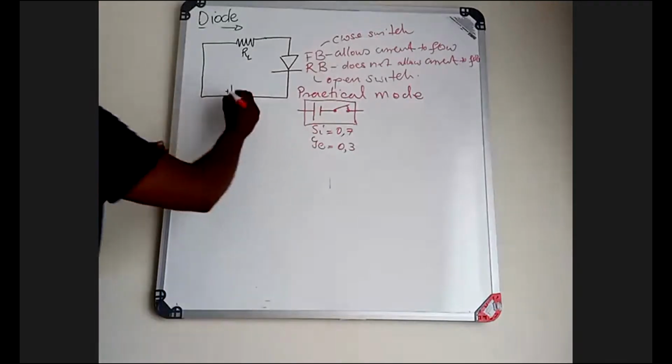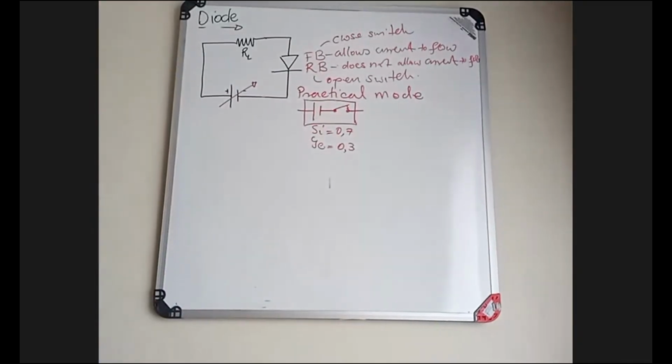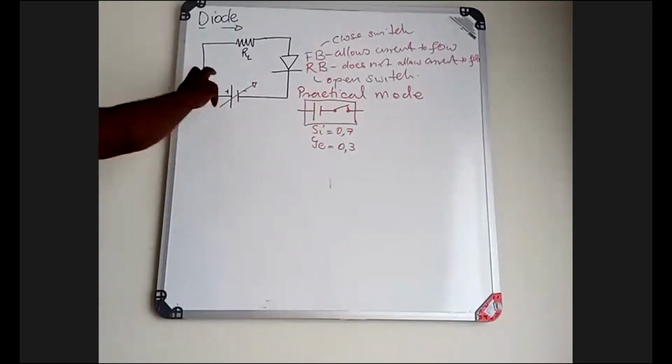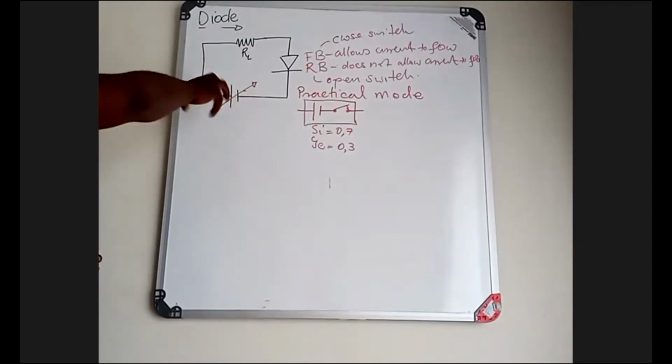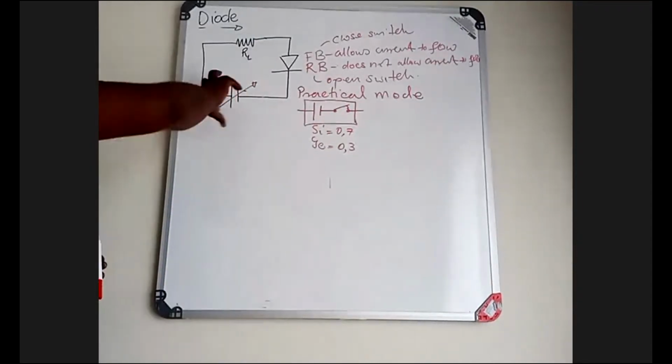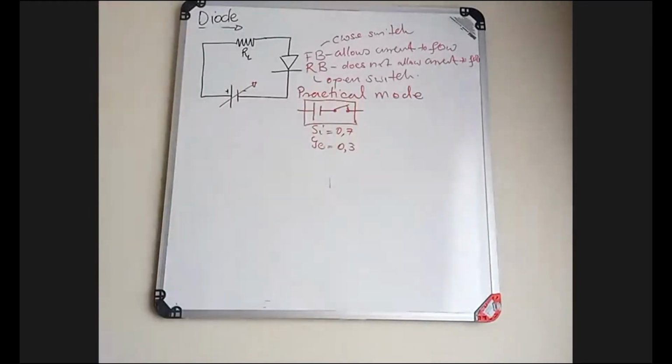It is based on your input voltage. Here you must have a variable input voltage, so that it can gradually increase until it takes this component from reverse bias mode into forward bias mode.